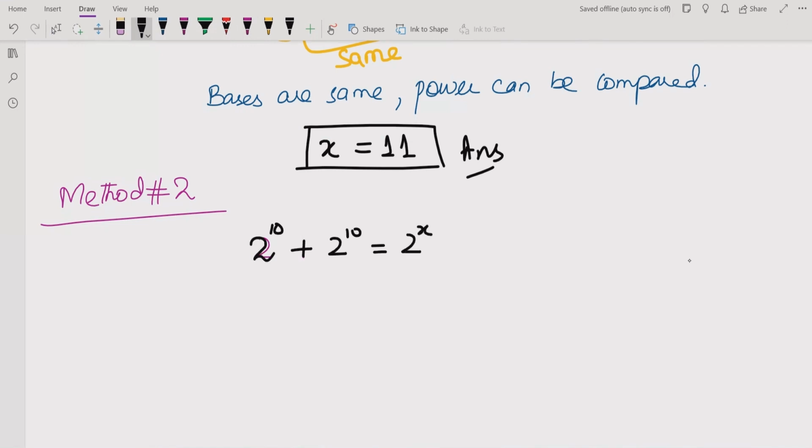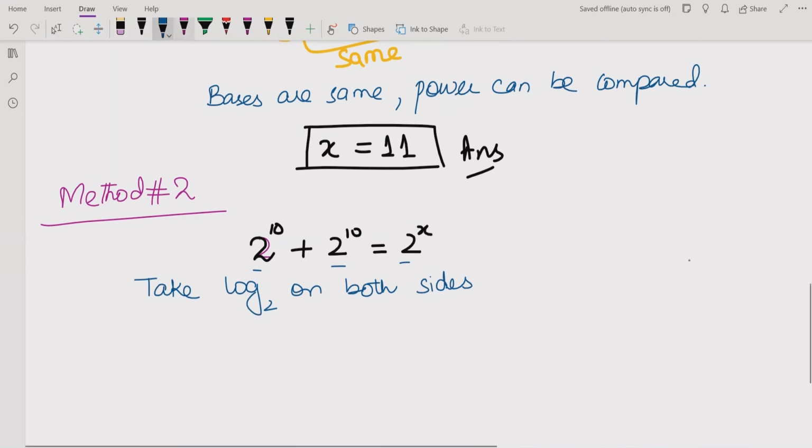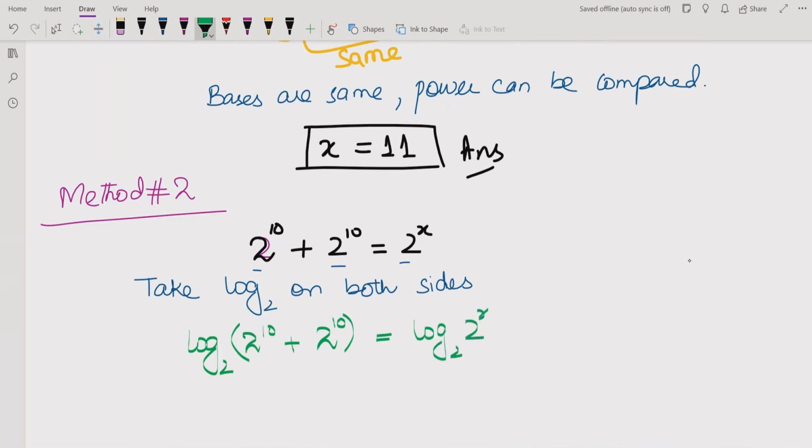Here the bases are 2, so we will take log base 2 on both sides: log 2 of (2 raised to power 10 plus 2 raised to power 10) equals log 2 of 2 raised to power x.